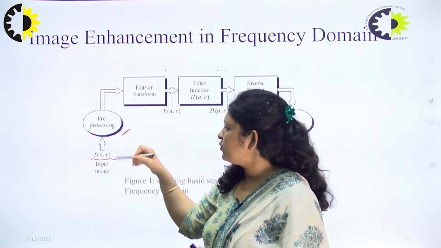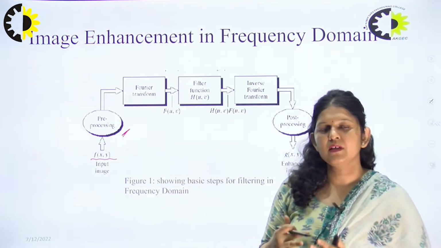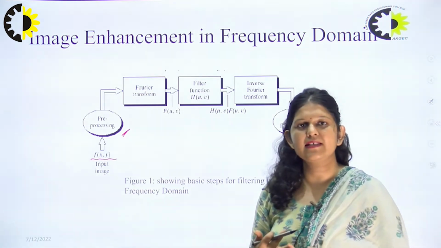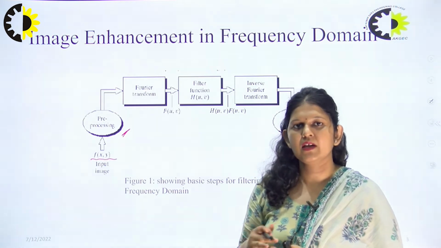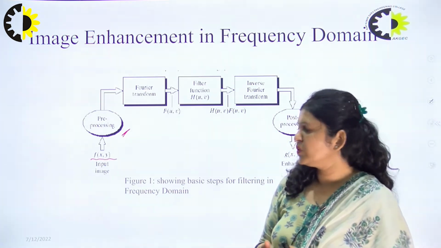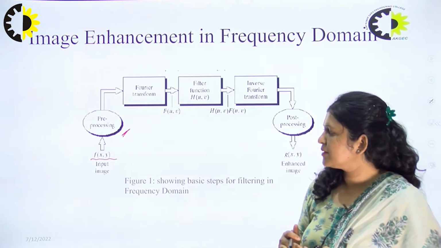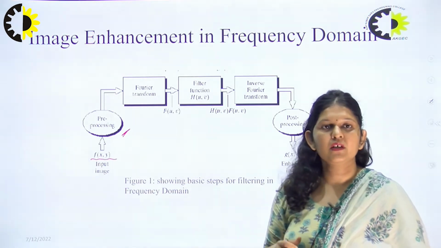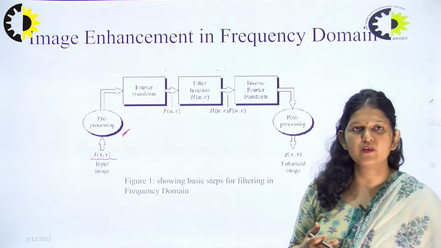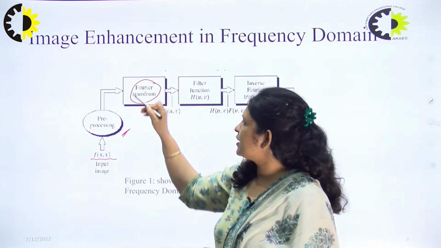If we want to, say, change the value of the pixels from the grayscale to a normalized scale, say the grayscale has 0 to 255 values and we want to change it to 0 to 1 values, then we can do the pre-processing in the spatial domain. After the pre-processing step, we need to convert it into the frequency domain. So the spatial domain image has to be converted to the frequency domain image. For that purpose we will use the Fourier transform.